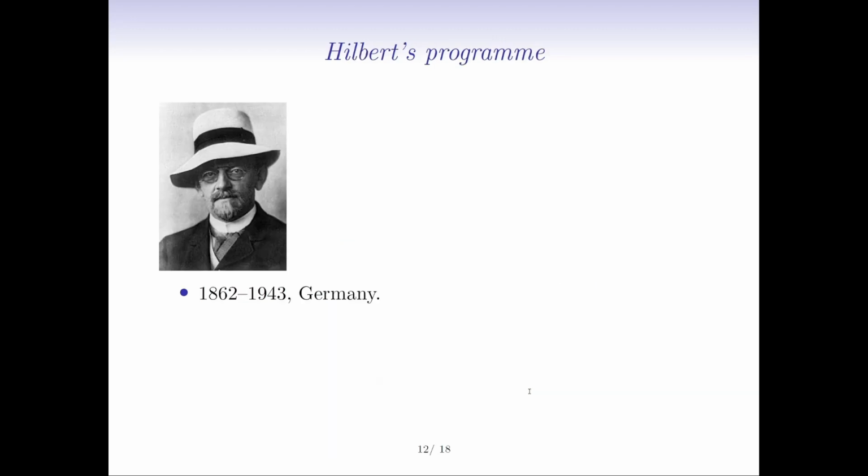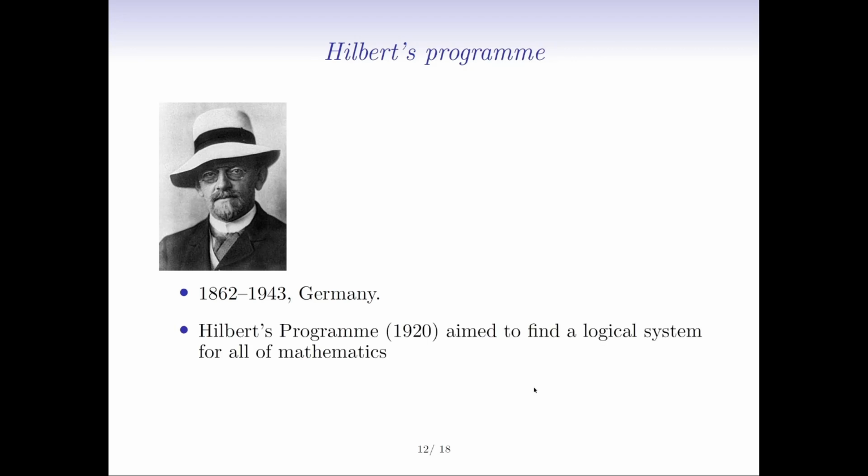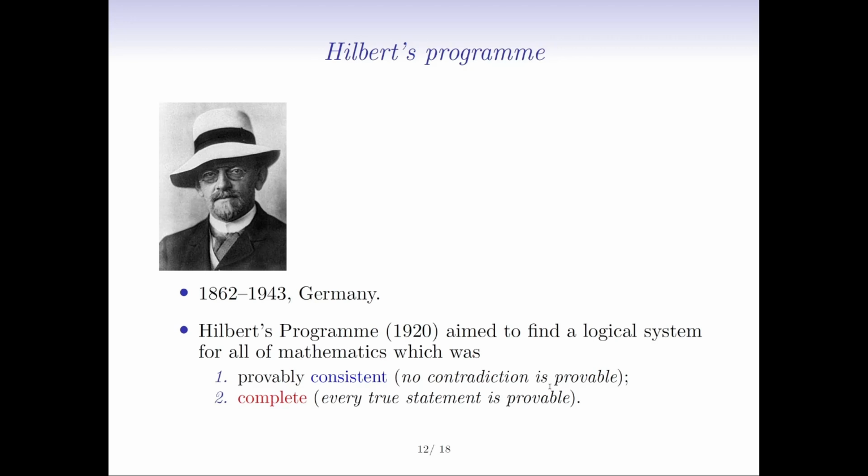So here we have our next figure, David Hilbert, who's an early 20th century mathematician, or at least his most famous work, I think, was done in the early 20th century. And in 1920, he launched a grand program, a grand scheme, aiming to find some kind of logical system for all of mathematics, so some set of axioms and proof rules that was at the same time, number one, consistent in that no contradiction should be provable in the system, and secondly, complete.